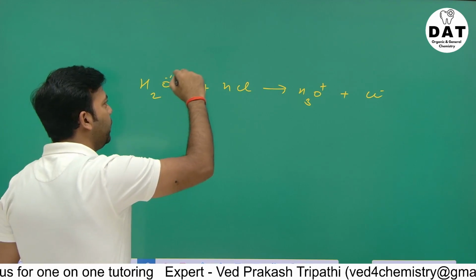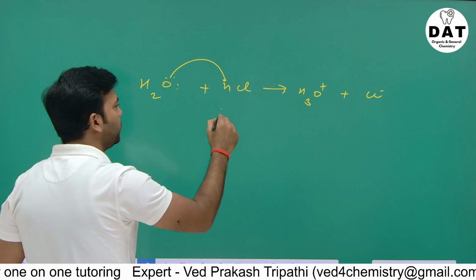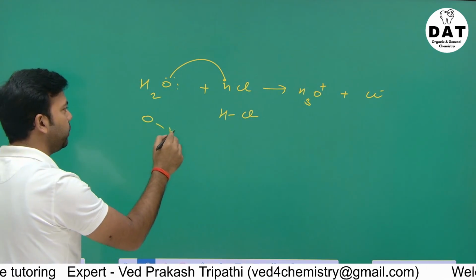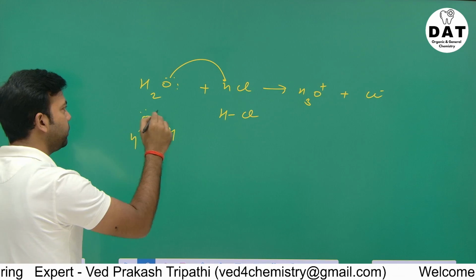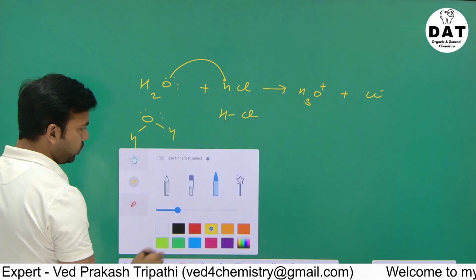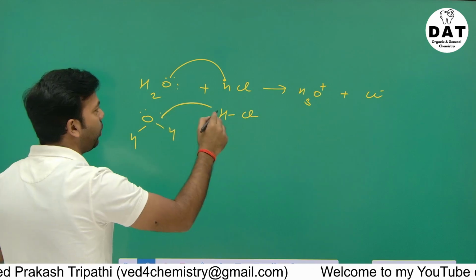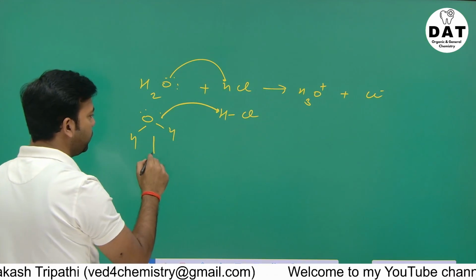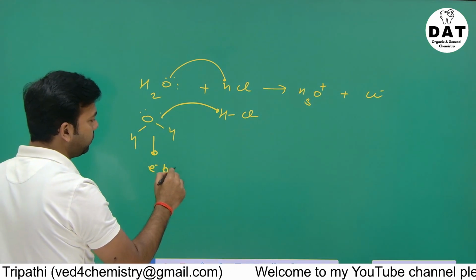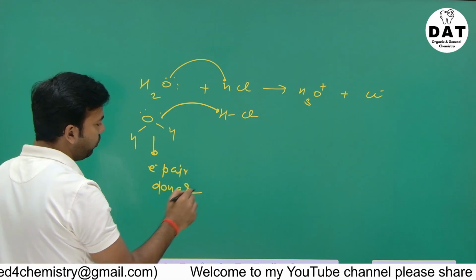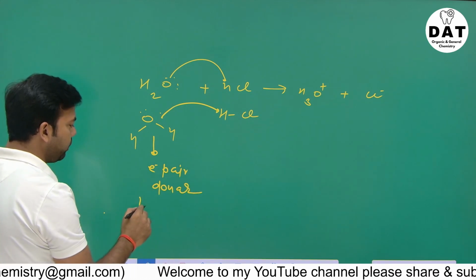So it donates its lone pair to this H. Clear? So in this case you can see this is an electron pair donor. It means it should be a Lewis base.